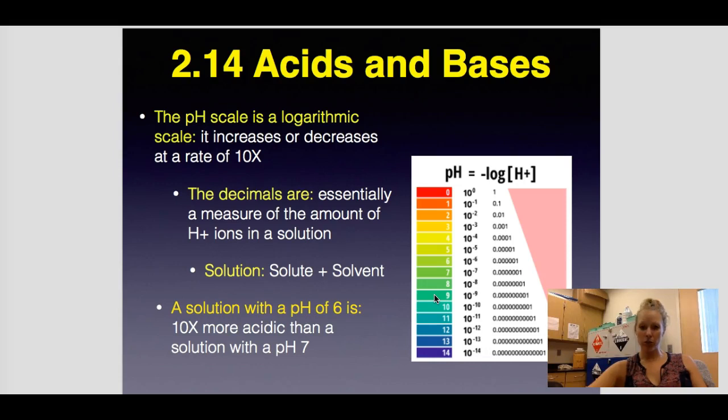Remember that a solution is a substance that is dissolved in water, or dissolved in something else. In this situation, we're talking about hydrochloric acid dissolved in our universal solvent water, or NaOH, sodium hydroxide, which is the solute and is going to be dissolved in the solvent water.